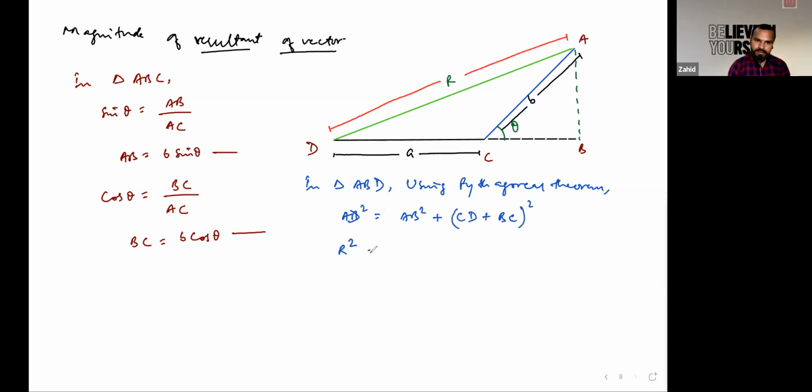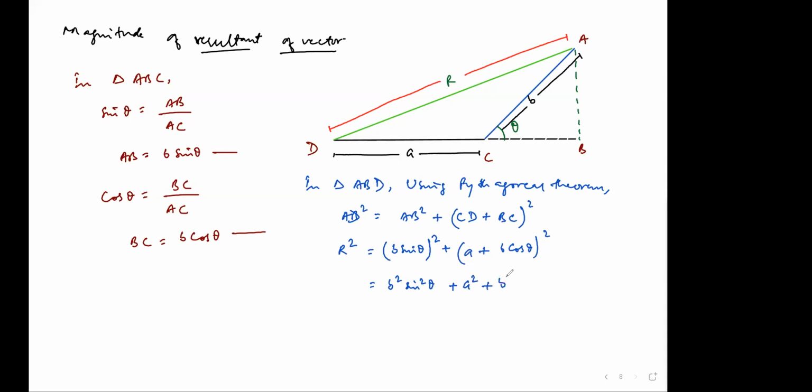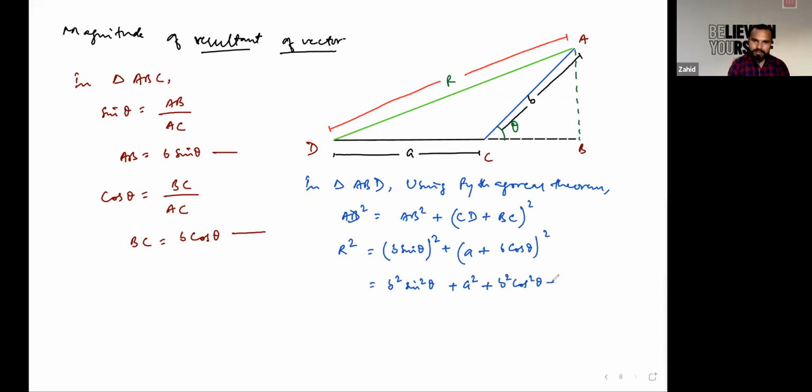AD is R, AB is B times sin theta whole square, CD is A, and BC is B cos theta whole square. So on expanding, you will get B square sine square theta. We have A plus B cos theta as whole square, so it will be A square plus B square cos square theta plus 2AB cos theta.